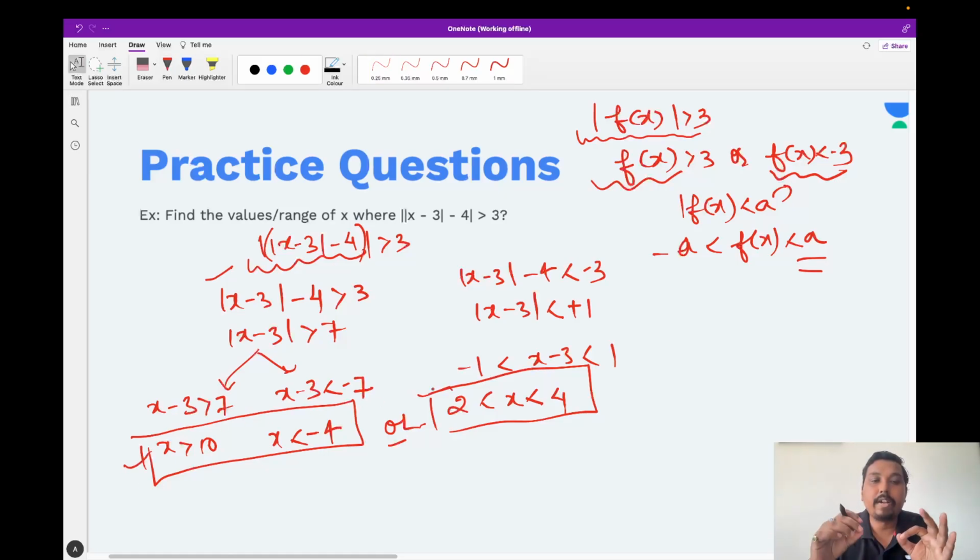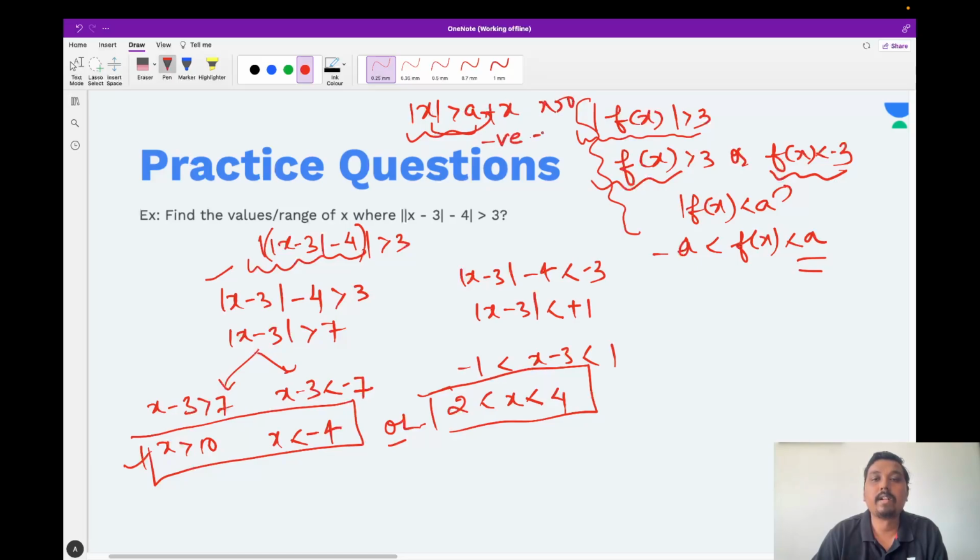Looks like a very difficult question, but if you just know these particular properties, only two properties are the Bible for your absolute value. If mod x is equal to a, x will open as positive if x is greater than 0, and it will open as negative, that is minus x, if x is less than 0.